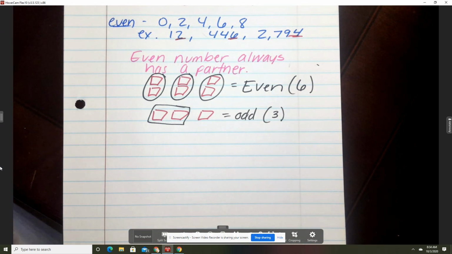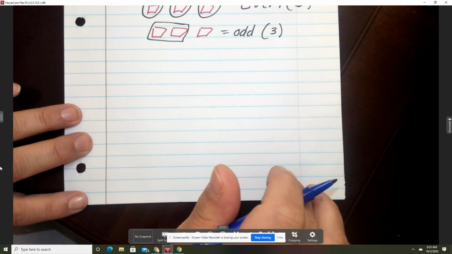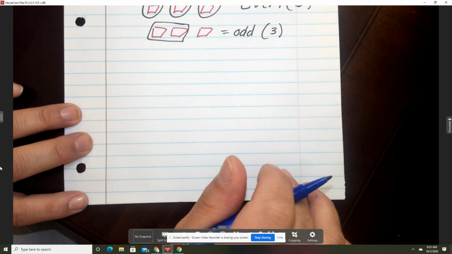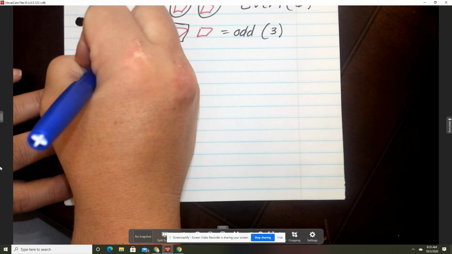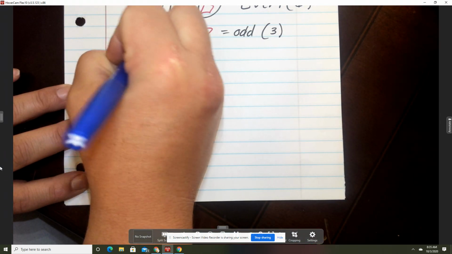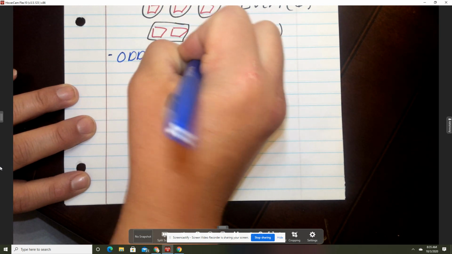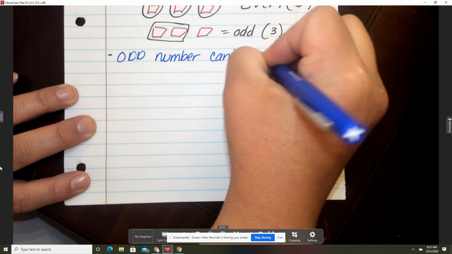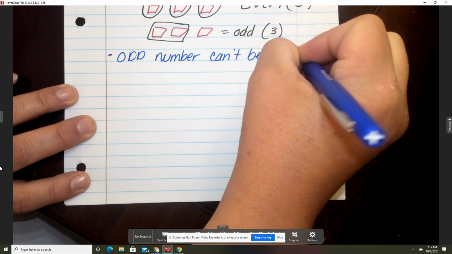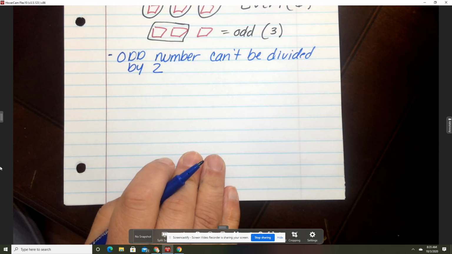All right. A couple more things I wanted to talk about with even and odd. So an odd number cannot be divided by 2. You can only divide even numbers by 2.